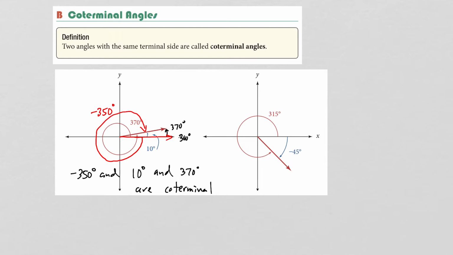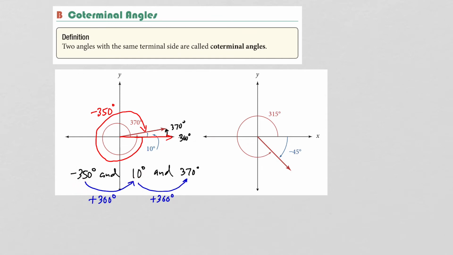Now, what I want you to see about these coterminal angles is that you can always get from one angle to a coterminal angle by adding multiples of 360 degrees, right? So to get from negative 350 to positive 10, I add 360 to negative 350, and that gives us 10.